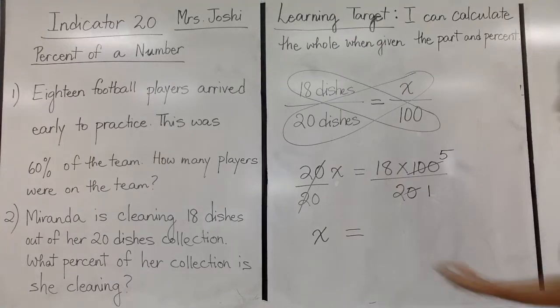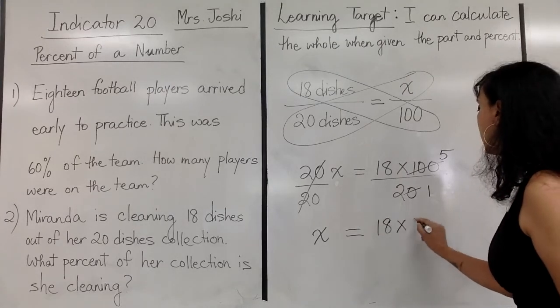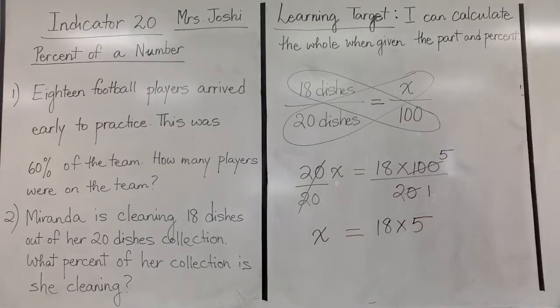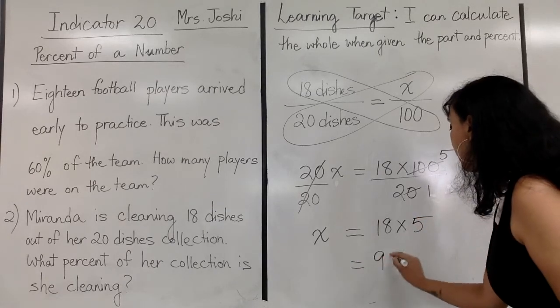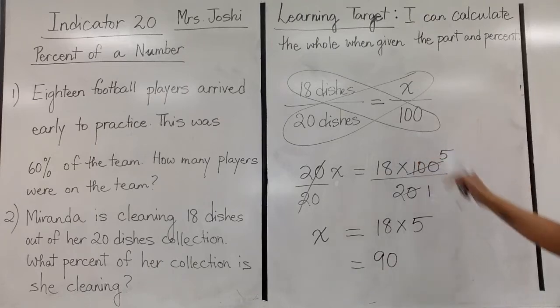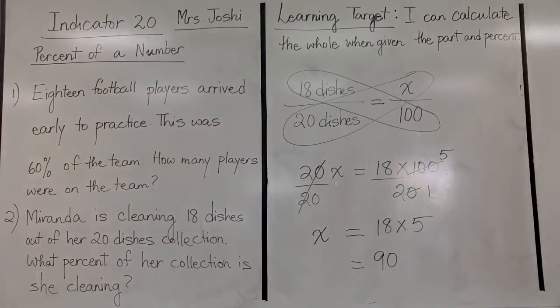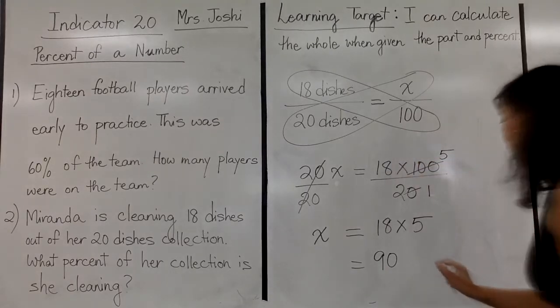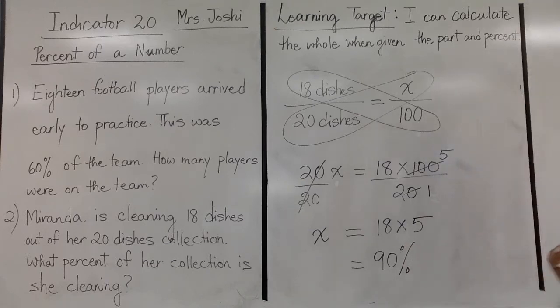And then I'm just left with 18 times 5, which gives me 90. So if this is 90 up here, that's what 90% is my answer. Okay, so this is one way to do it. All right, you could have also done 1800 divided by 20 and still get the same answer.